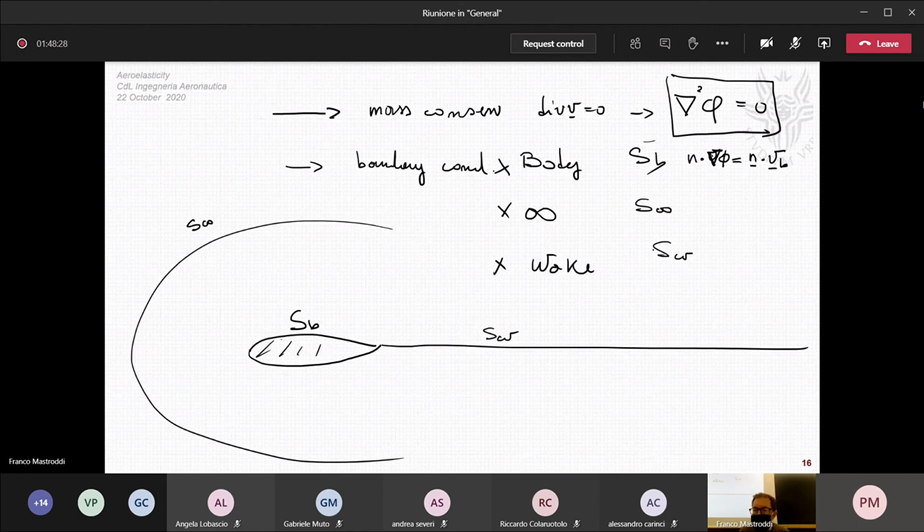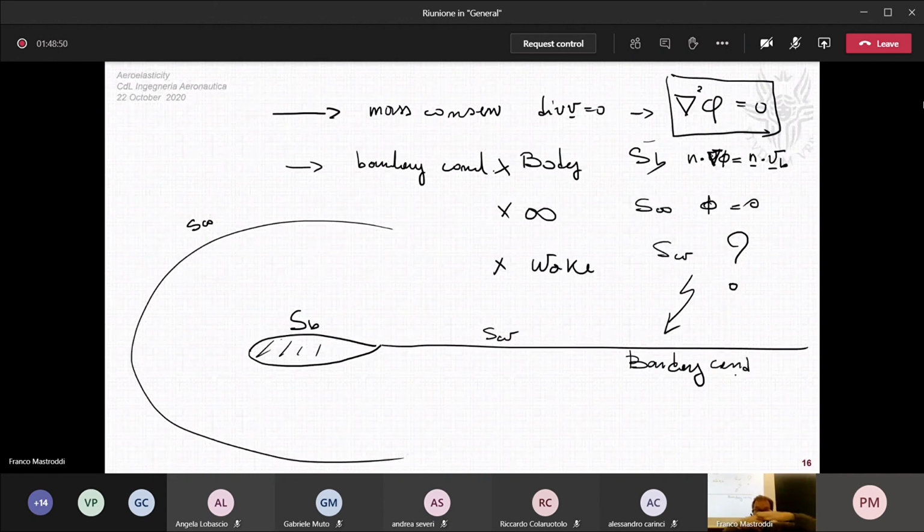At infinity, you may impose, for example, potential equal to 0. You don't care, it's an inessential constant, unperturbed flow. And what about the wake? What about the boundary condition in terms of potential? Boundary condition on the contact surface in terms of potential, we don't know. And this is the story for the next lecture.